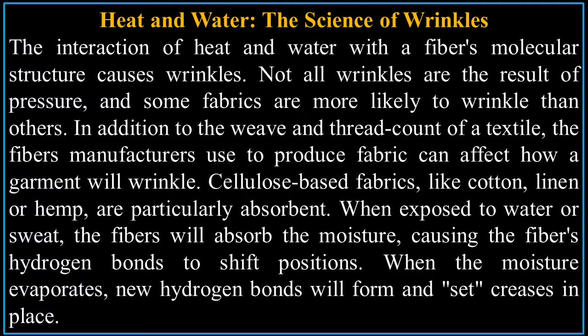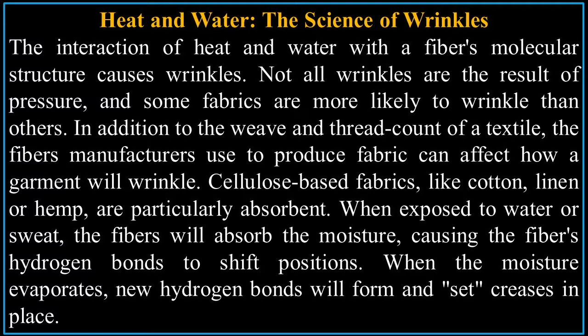In addition to the weave and thread count of a textile, the fibers manufacturers use to produce fabric can affect how a garment will wrinkle. Cellulose-based fabrics like cotton, linen, or hemp are particularly absorbent. When exposed to water or sweat, the fibers will absorb the moisture, causing the fibers' hydrogen bonds to shift position.